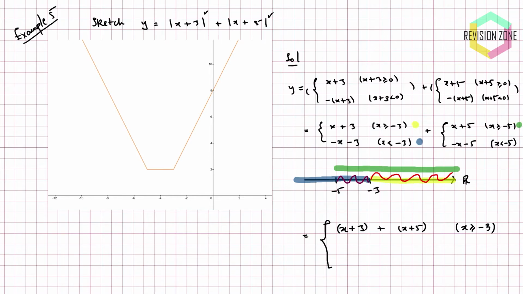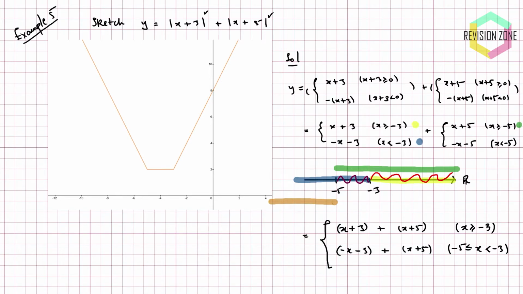Because the function is telling me to add, I'm going to add this part to that part, and I know it's valid between that x value and that x value, okay? So I write this out: minus x minus 3, and then I add this to x plus 5. And I know this is valid for x bigger than or equal to minus 5, but strictly less than minus 3.